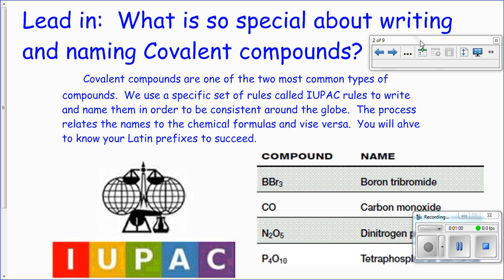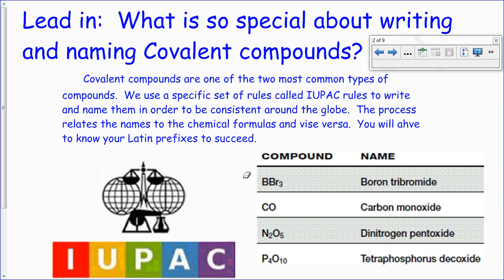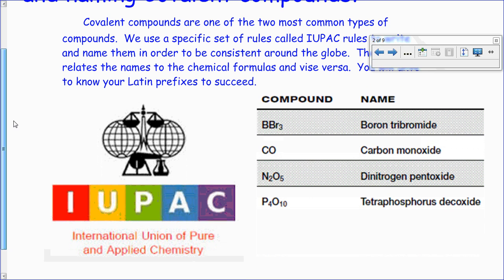Covalent compounds need to be universally named so that somebody in a different country knows what chemical they might be making in their factory, shipping across their borders, or consuming in their bodies. So the names have to be kind of universal. Down here in the examples, we have some compounds, formulas, and names that start to hint at the way we're going to do this.